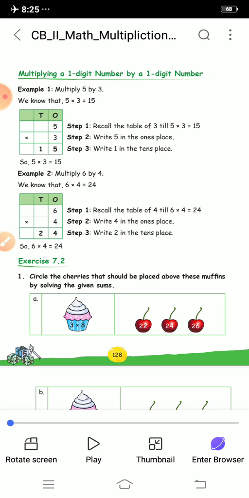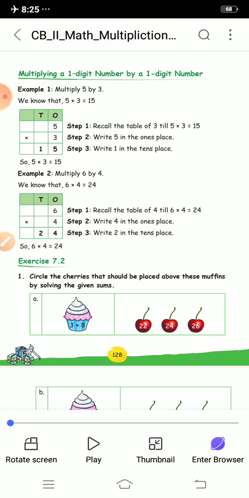Okay, so now as you know, we will draw a table here. Then we will write tens and ones. Now will 5 come in the tens or in the ones place? Tell me. 5 will come in the place of ones.